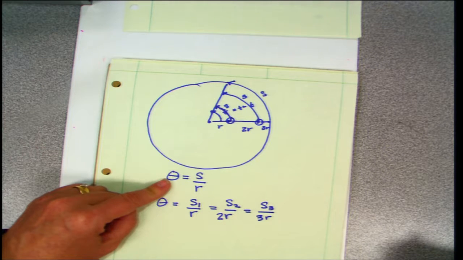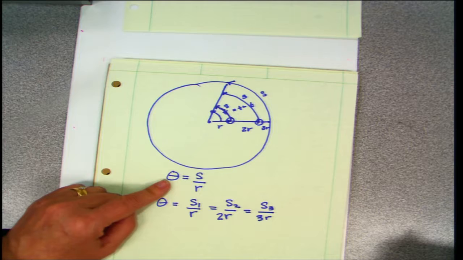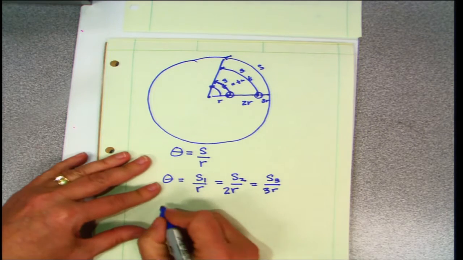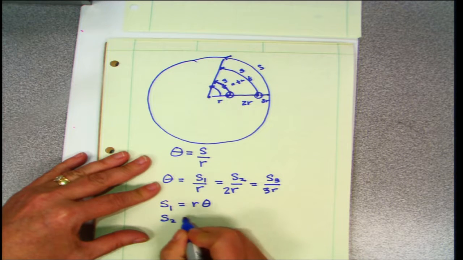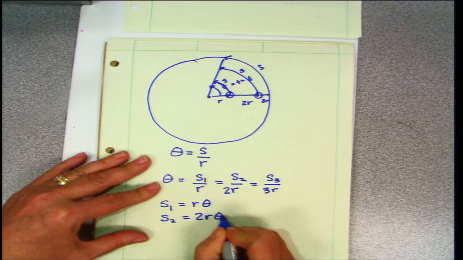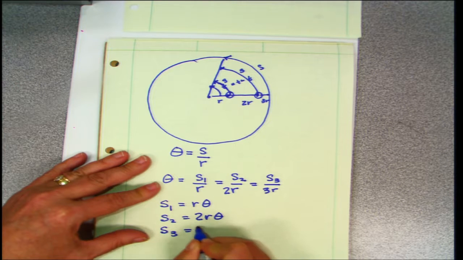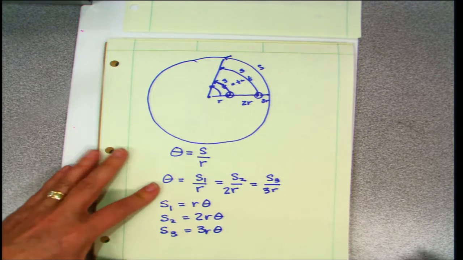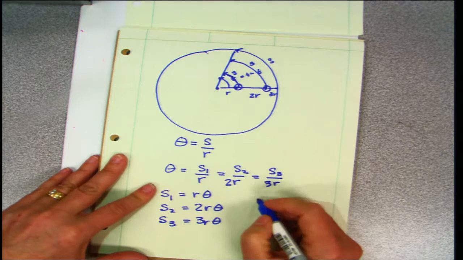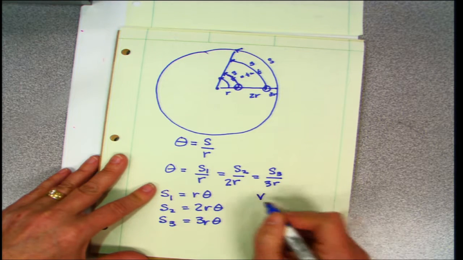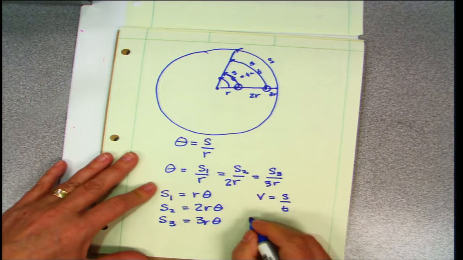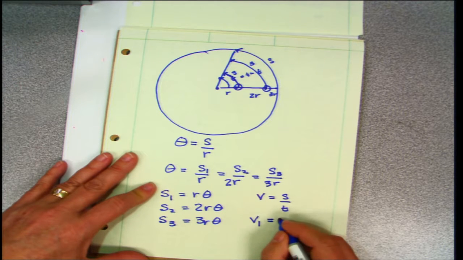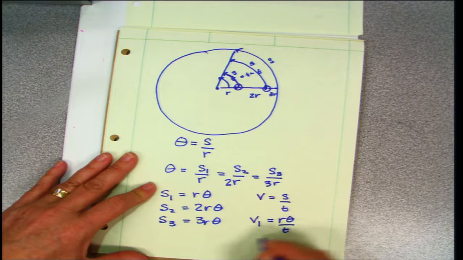And so my linear speed is S divided by T. V1 is just R theta over T, V2 is 2R theta over T, and V3 is 3R theta over T. And you can see that I'm certainly traveling in a linear direction faster if I'm further on the outside of the merry-go-round.